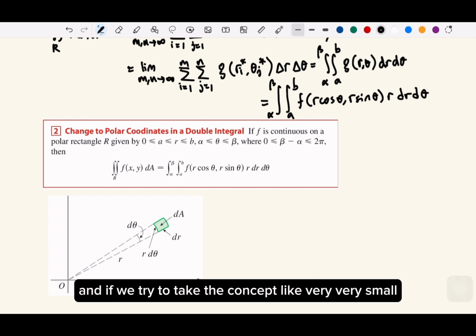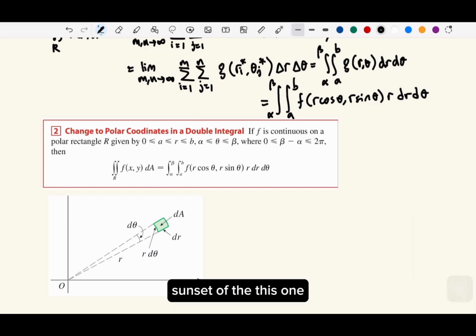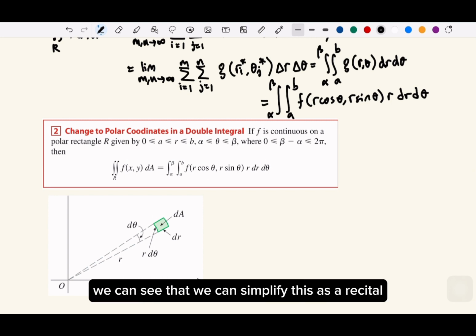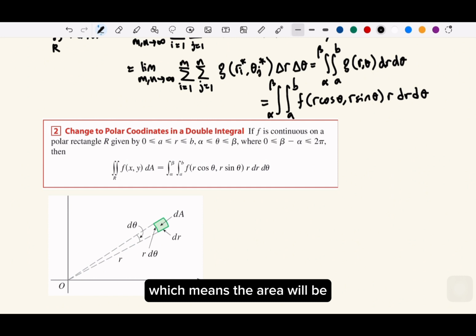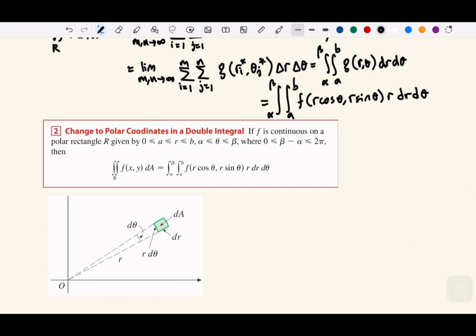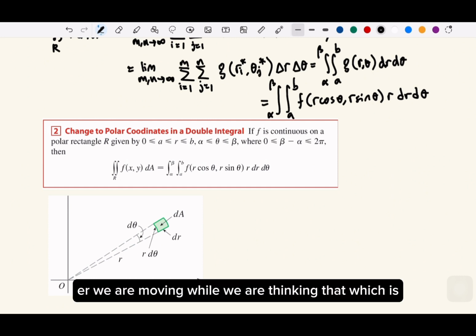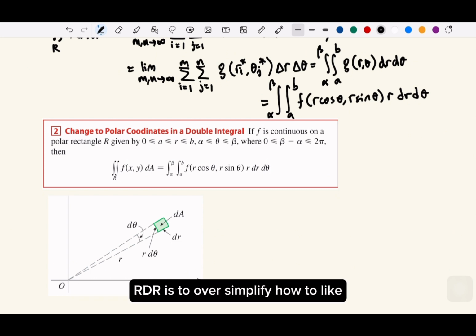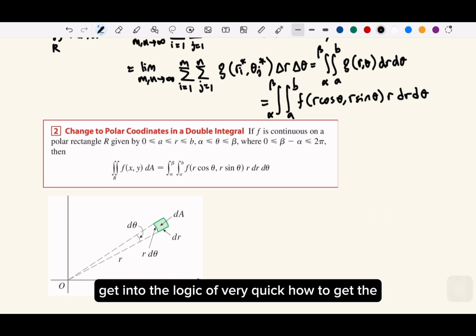If we take a very, very small subset of this, we can simplify it as a rectangle, which means the area will be dr multiplied by r d theta, which is r dr d theta. Just to oversimplify how to get the logic very quickly.